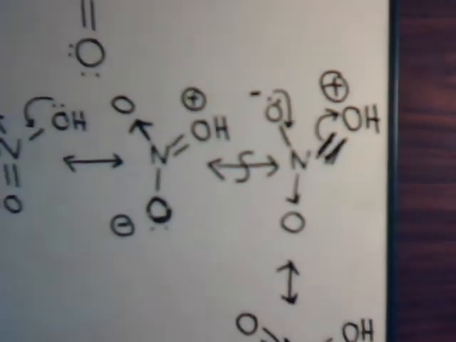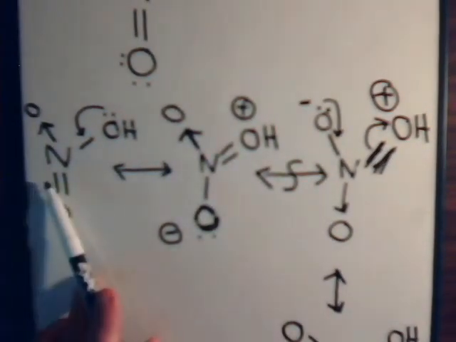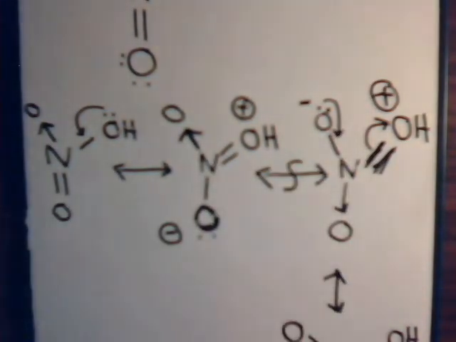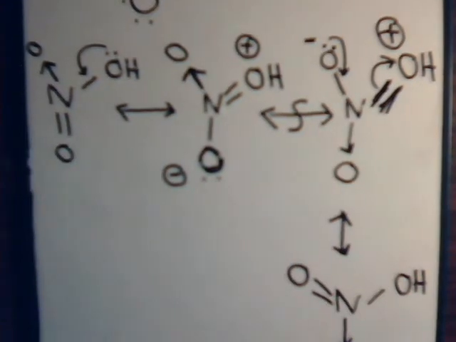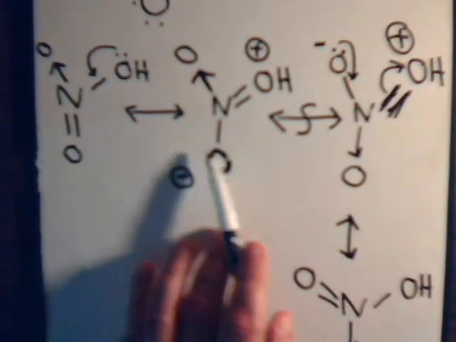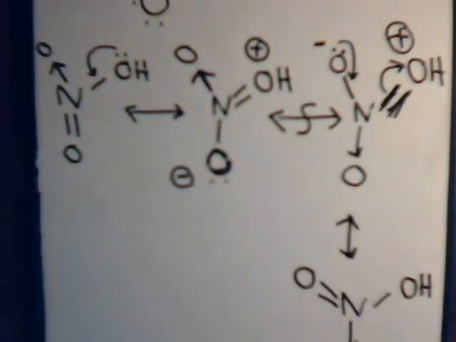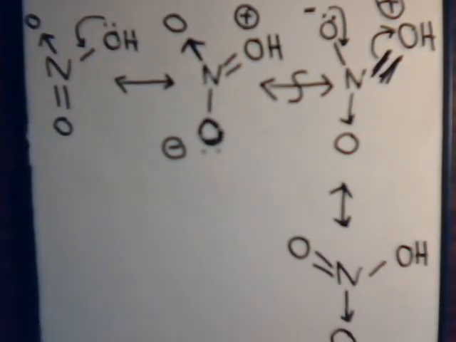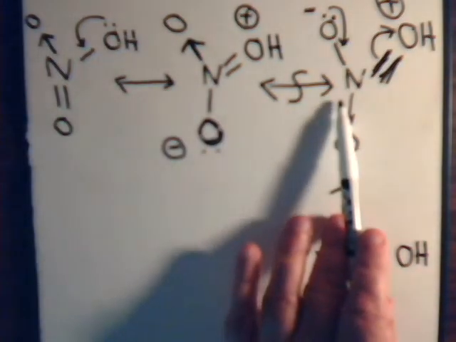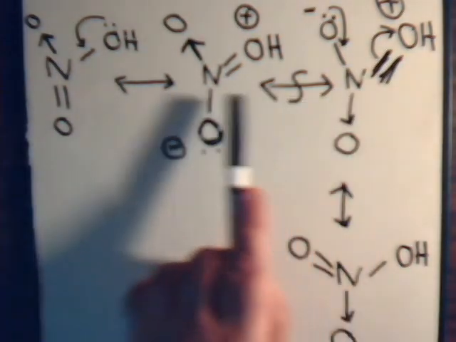It's the same. Here, 1, 2, 3, 4 different canonical forms. We get them all together here. There's 3. 1, 2, 3. And can we get them all together? Yes, there's the 4th one. So there are 4 different canonical structures that we can draw for nitric acid. 2 of them have symmetry.